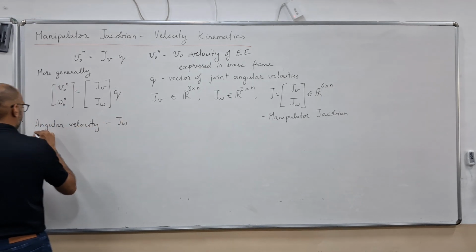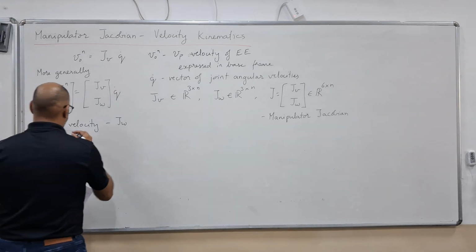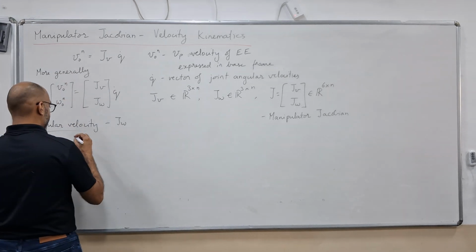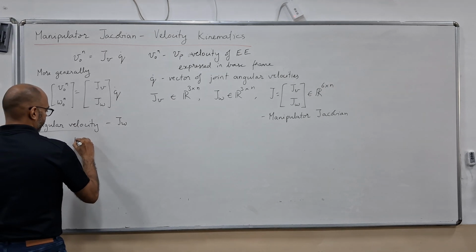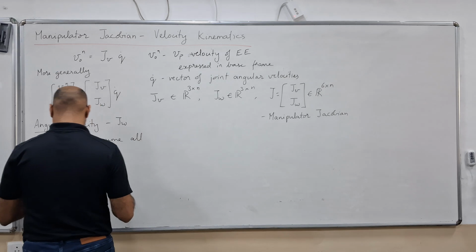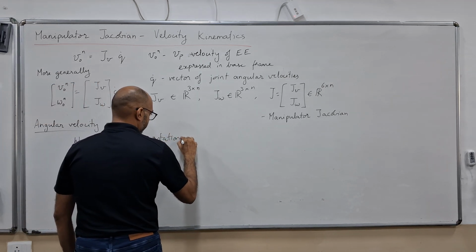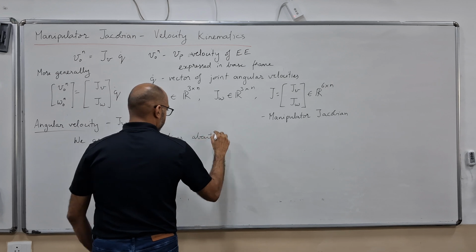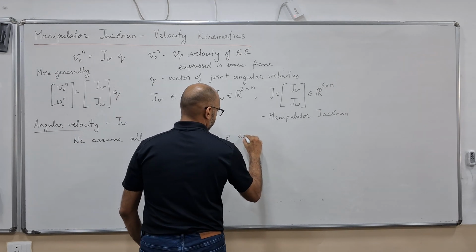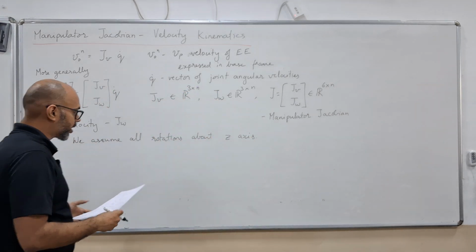So j omega, and we will invoke the assumption that we used in the DH system. We assume all rotations about the respective z axis. That is how we started off in creating the DH system, if you remember correctly.